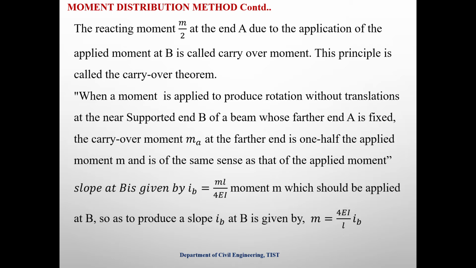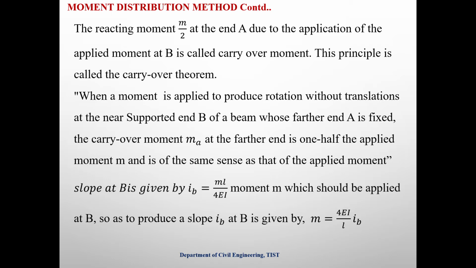The carryover theorem states that when a moment is applied to produce rotation without translation at the near supported end B of a beam, whose farther end A is fixed, the carryover moment MA at the far end is 1/2 the applied moment M and is of the same sense as that of the applied moment.